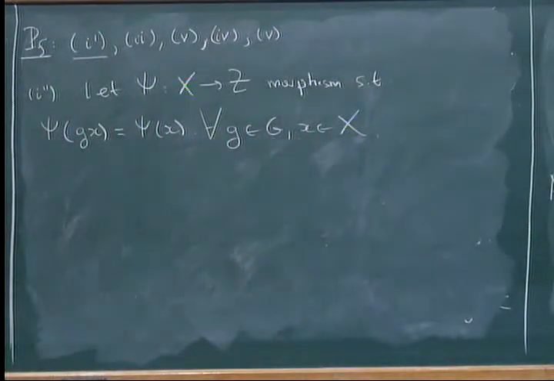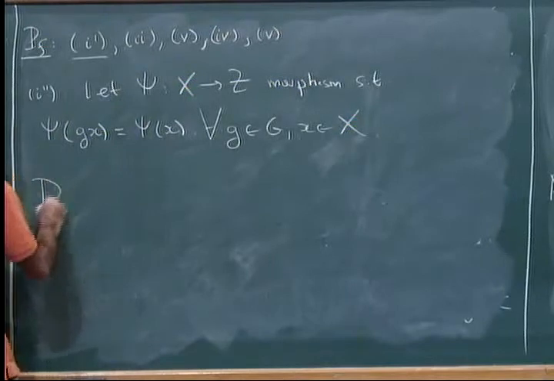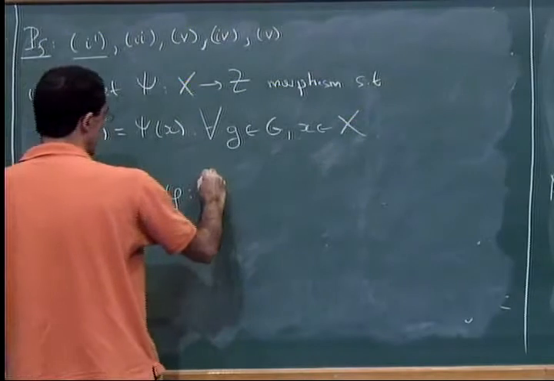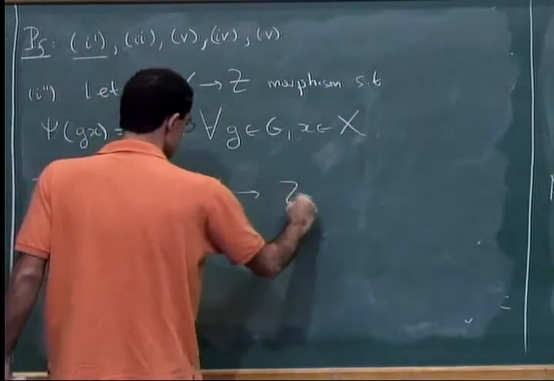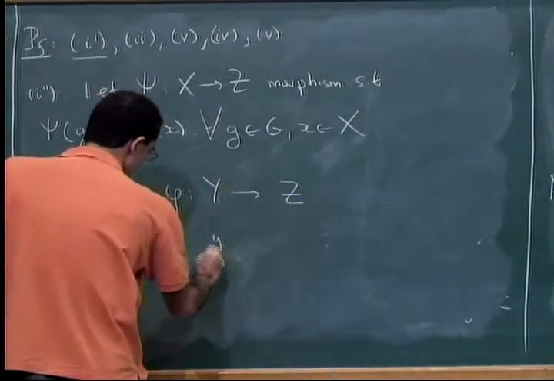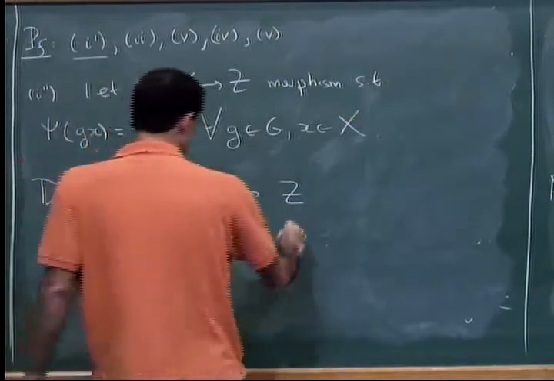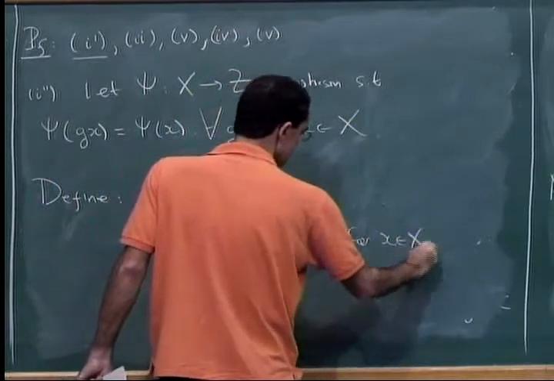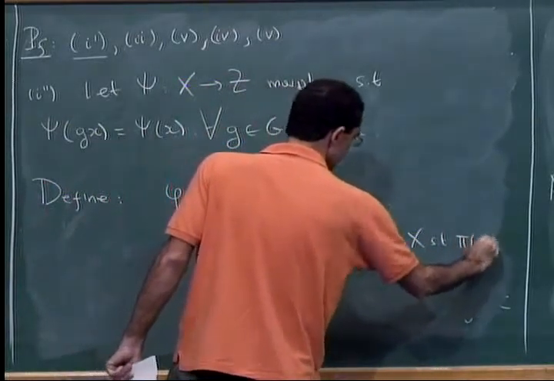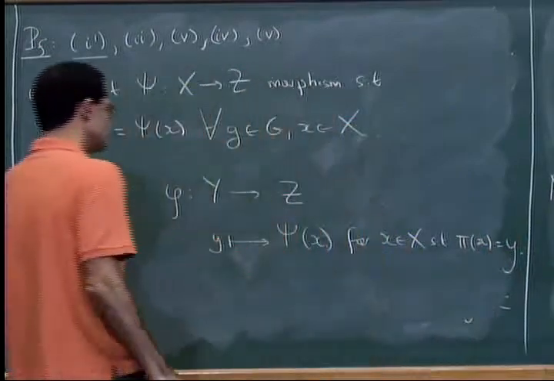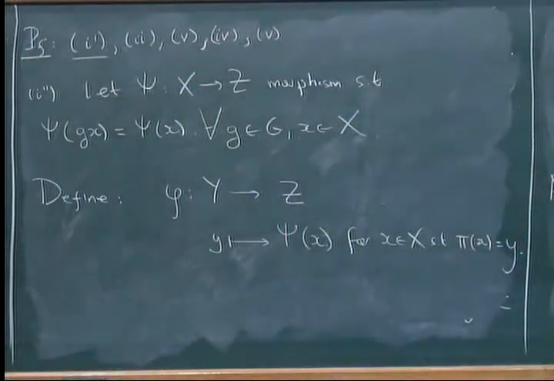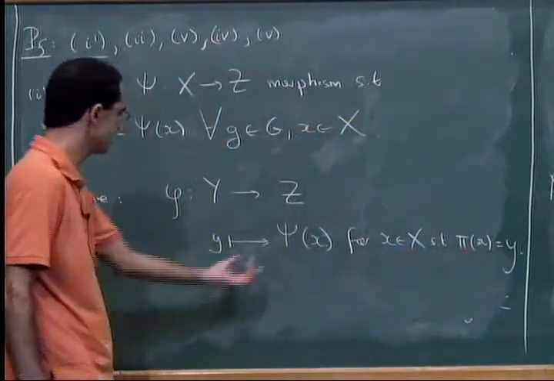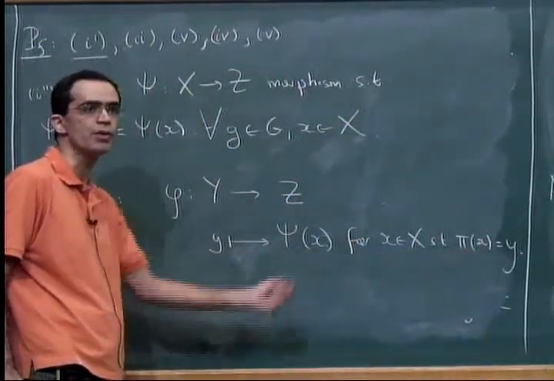Okay? So we define phi from Y to Z as follows. I pick y and I take it to psi of x for x in X such that pi of x is y. I know that the map pi is surjective, so such an x exists, and I take the value of psi on that point.